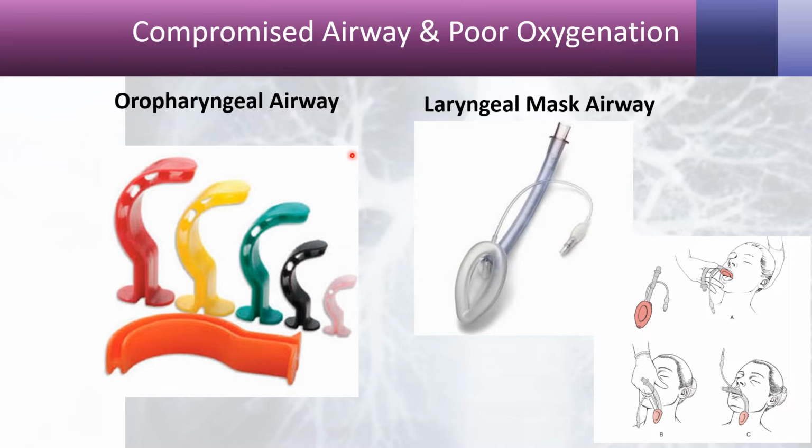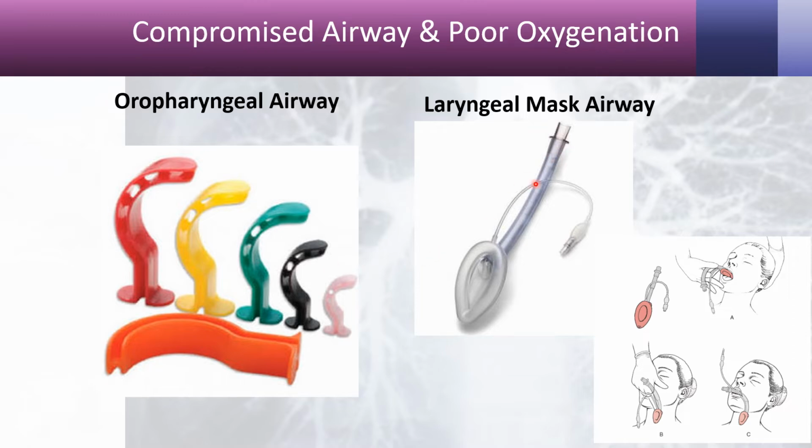Now there is other equipment that we can use, like the oropharyngeal airway. It looks like this. It goes to the oropharynx of your patient, and it has different sizes. If your patient is a pediatric patient, then you will use the smallest one, or if your patient is an older adult, then you will use the other sizes.